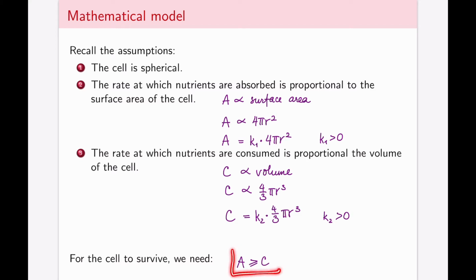So let's see what we can do about determining when this is actually going to be the case. Again, what we want is the absorption greater than or equal to consumption. From the previous slide, the absorption is K1 times 4 pi r squared, and we want this to be greater than or equal to the consumption, which from the previous slide is K2 times 4/3 pi r cubed.